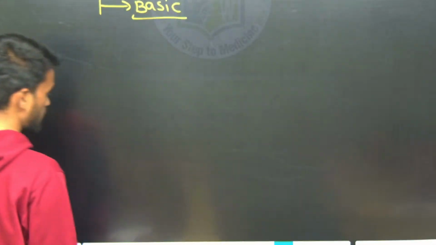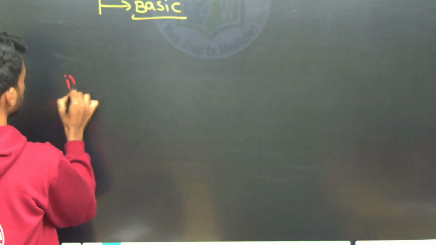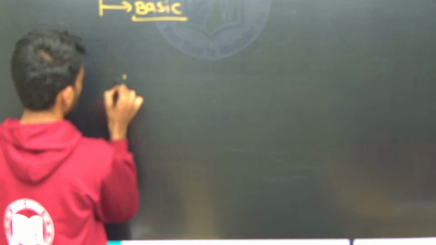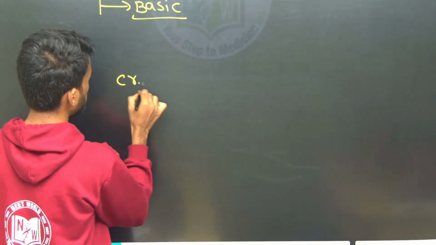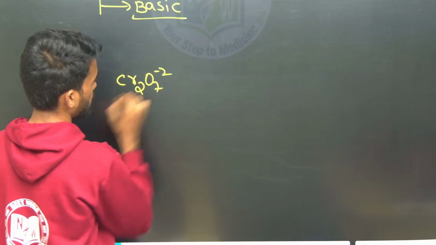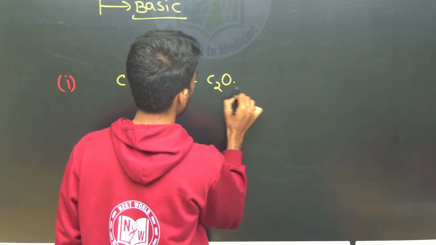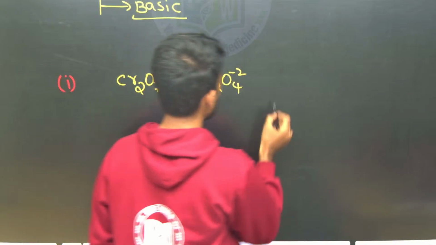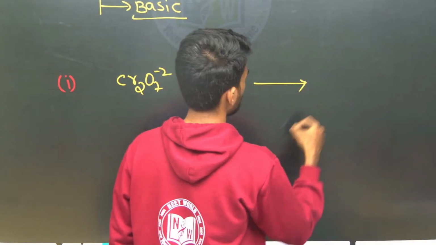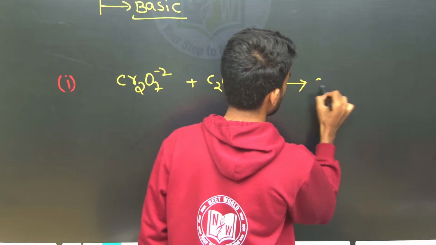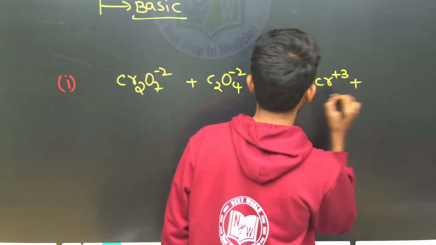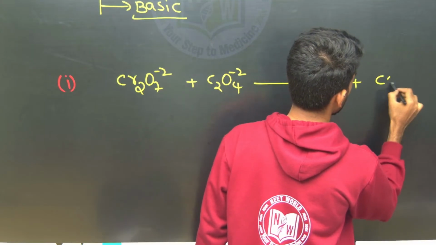Okay, here we will be taking an example: Cr2O7 2- plus C2O4 2- giving us Cr 3+ plus CO2.